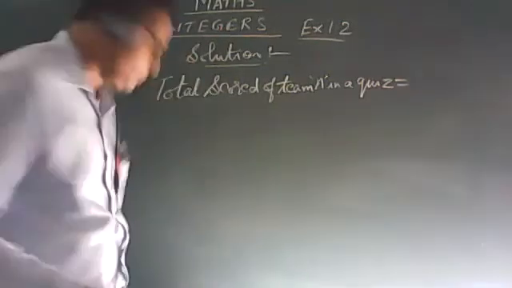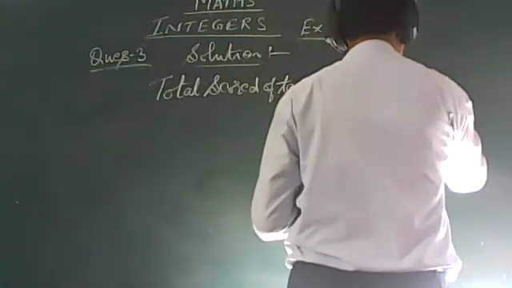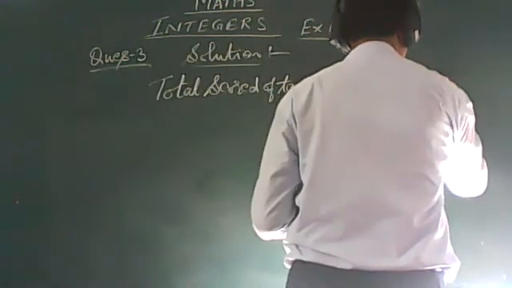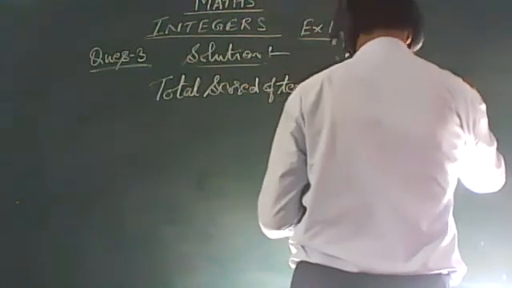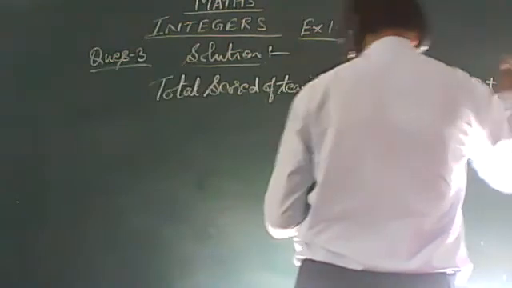We add all those scoring numbers: minus 40 plus 10 and plus 0. These are the scores of team A.